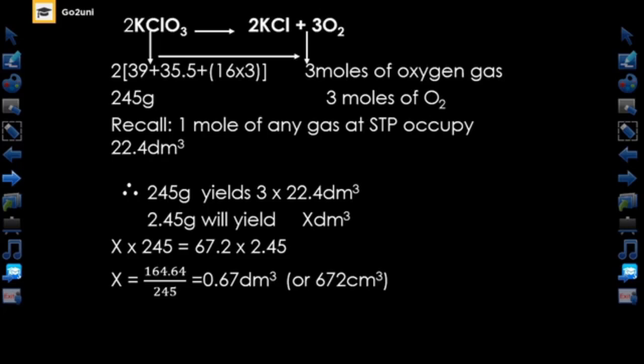So we have 245 grams giving us 3 times 22.4 dm cube. When we cross multiply, we have 0.672 dm cube or 672 cm cube. So that is actually how to calculate this type of questions that involve mass, volume, and mole.